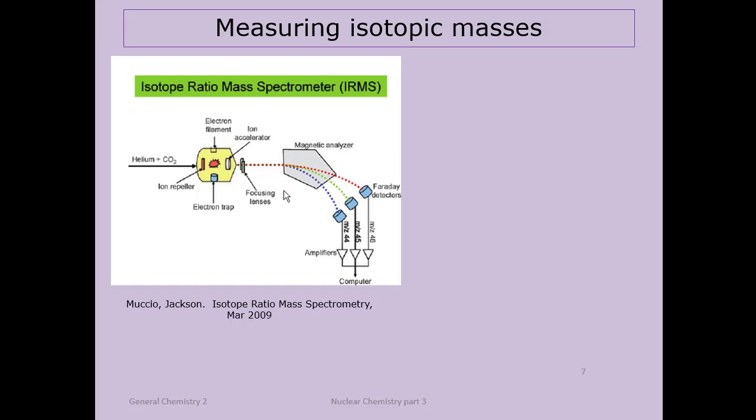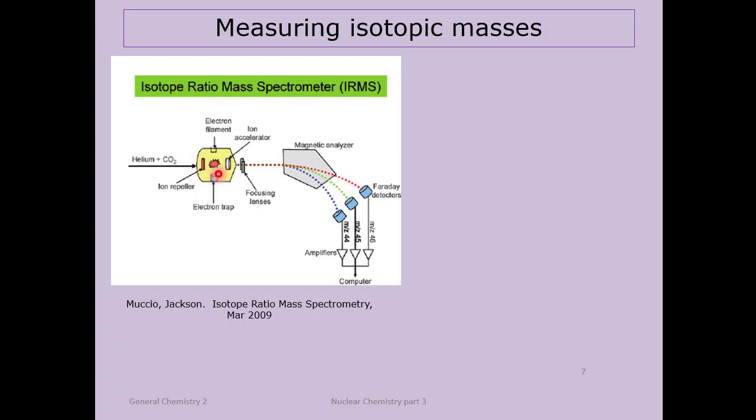In this diagram that I borrowed from a paper by Muscio and Jackson in mass spectrometry, we're measuring the mass of different isotopes of carbon dioxide. The carbon dioxide might have different masses due to having either carbon-12 or carbon-14, or oxygen-16 or oxygen-18 present. So what you do is you bring the carbon dioxide into a chamber with inert gas helium.